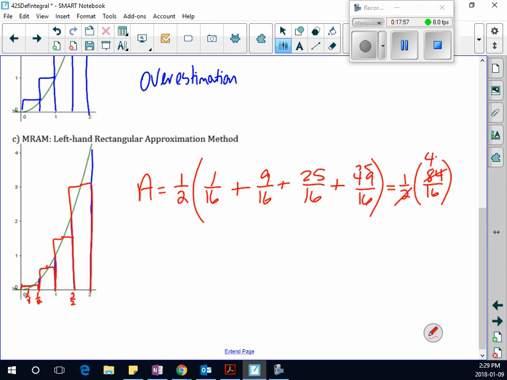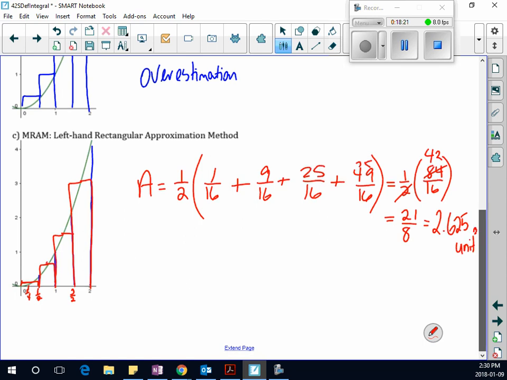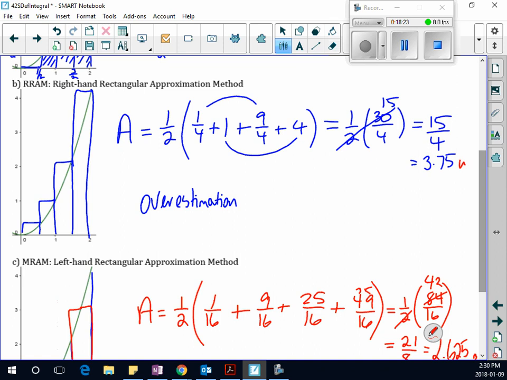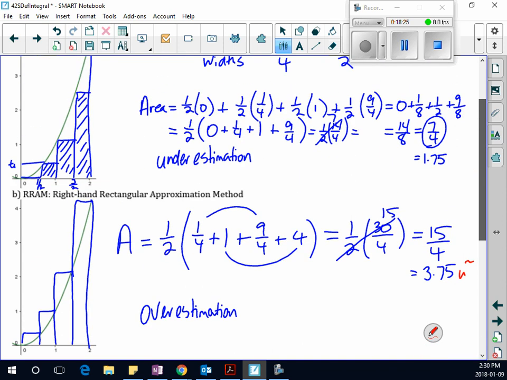So this is what? 42/16, which reduces to 21/8. And that is 2.625. And because this is units, I should be saying units squared, actually, in all these. Maybe we should go back and say units squared.